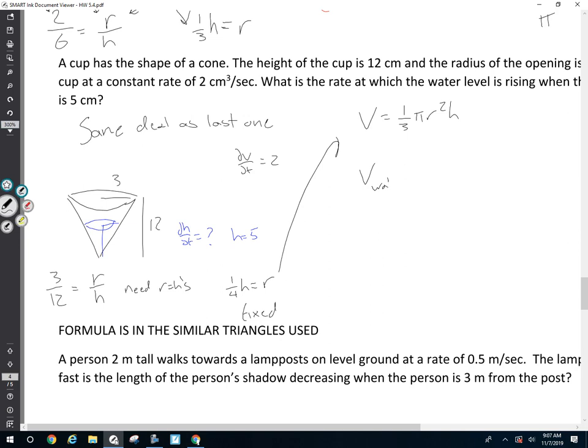V of my water is 1/3 pi times 1/16 h cubed.